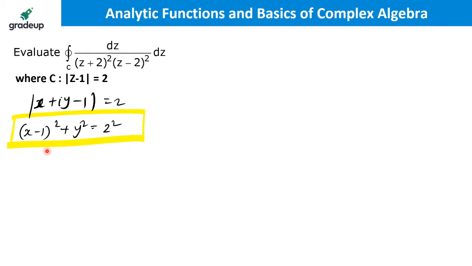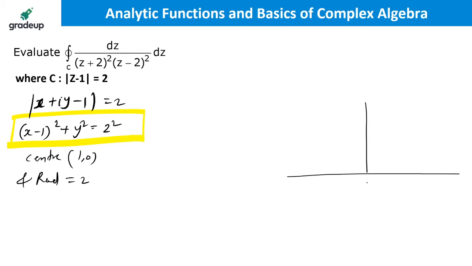This is the circle, center at 1 comma 0 and radius equal to 2.